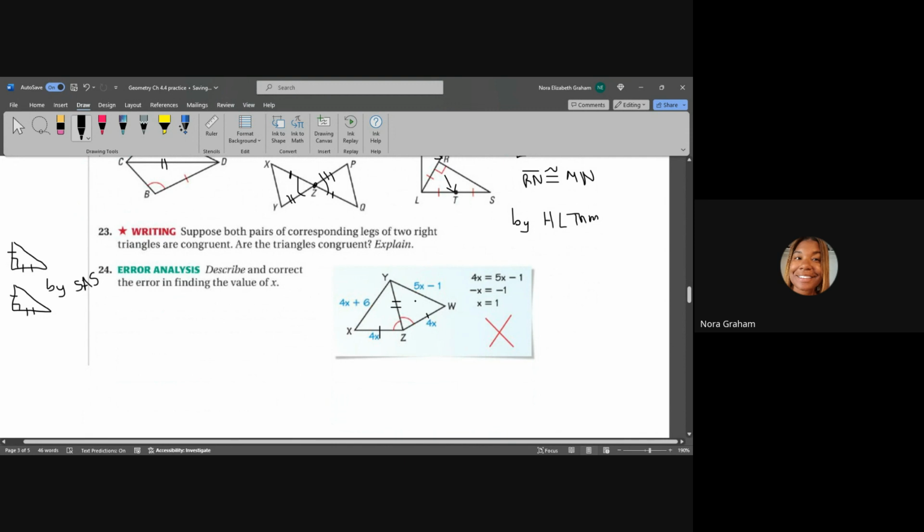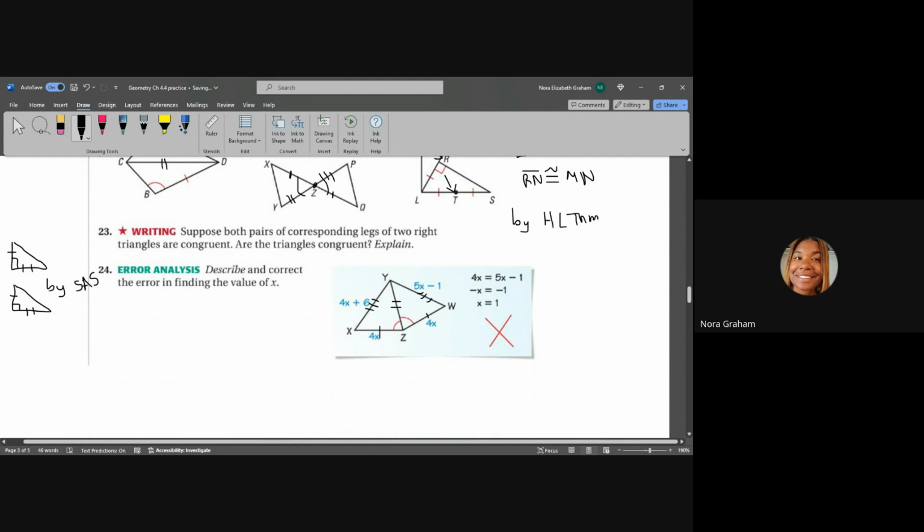All equal corresponding sides and all equal corresponding angles. All right, so let's see how they set this up. I believe they messed up here. Remember how I said you have to use the corresponding sides? So this side right here, YW, corresponds with this side right here of my other triangle, YX, okay? Just like YZ corresponds with ZY, and XZ corresponds with WZ.